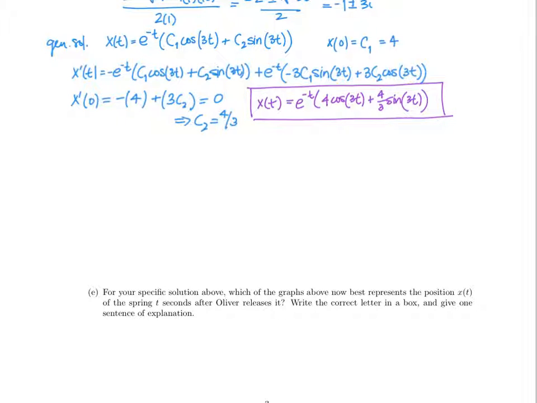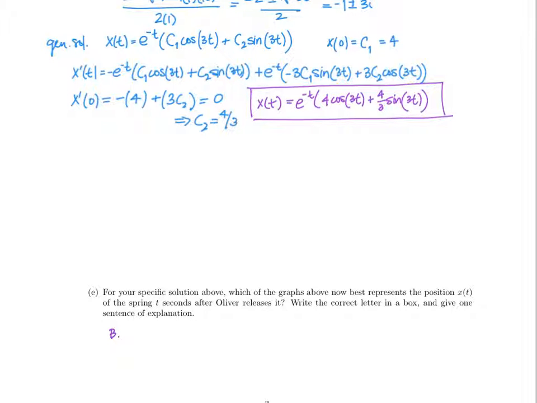But between a and b, they both oscillate and the amplitude is decreasing. But the big difference between the two is that while the function value is positive for both a and b, the first derivative of the function value, x prime, is negative for a and it's 0 for b. And we remind ourselves that we wanted our x prime to be equal to 0. And so that means that b is going to be our answer.